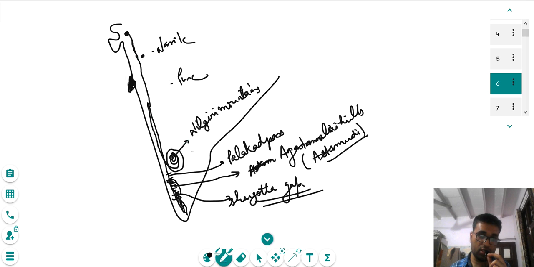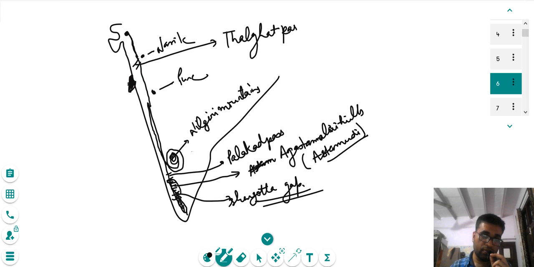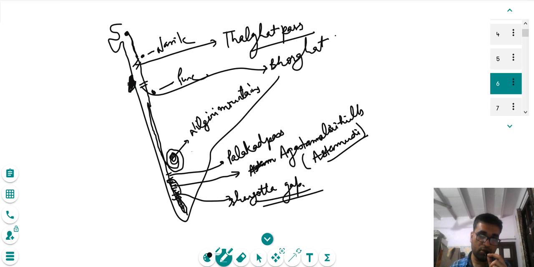The pass which links Mumbai and Nasik is the Thalghat pass. The pass which links Pune and Mumbai is the Bhorghat pass, right?